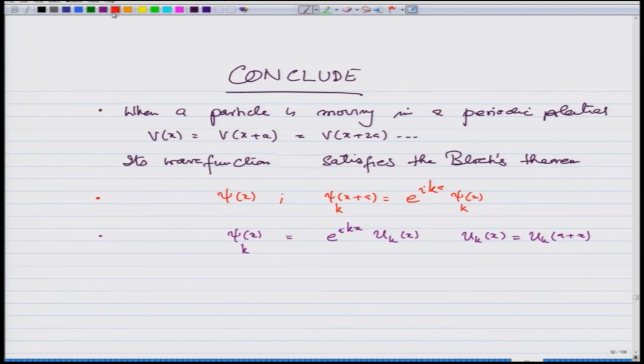And finally, I can also write this as psi_k(x) equals summation n equals minus infinity to infinity C_n e^(i(k+g_n)x).